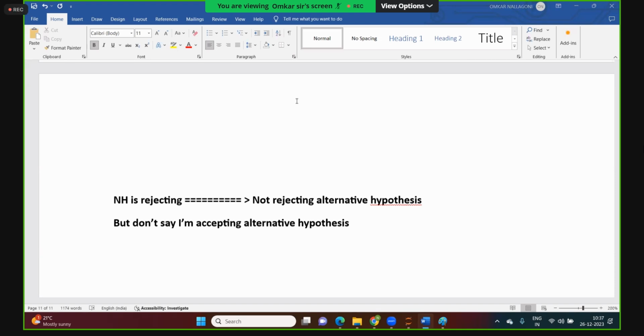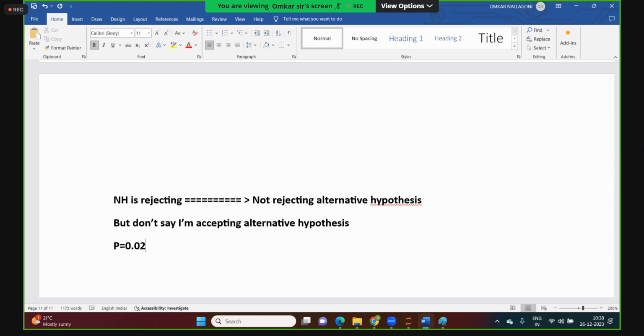P is equal to 0.02 means 98%, correct. They are saying 0.002. Arun, you are saying 0.02, no? What is the p-value coming exactly? Tell me now. Why are you giving different answers? What is the p-value? 0.02, correct, everyone.